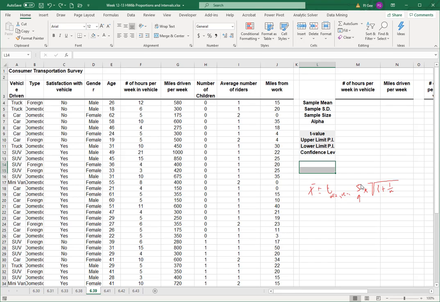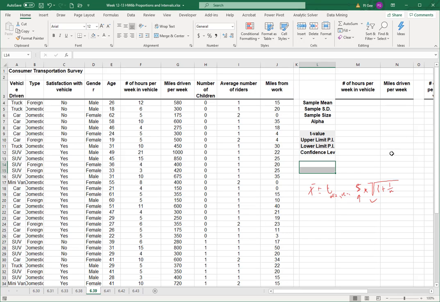But now it never goes below 1. If n gets really, really large, this term goes to 0 and you have the square root of 1, essentially. And so the minimum error is going to be your t times your standard deviation. So it's going to be some multiple of your standard deviation. Aha, okay. So that should simplify things a few ways here.